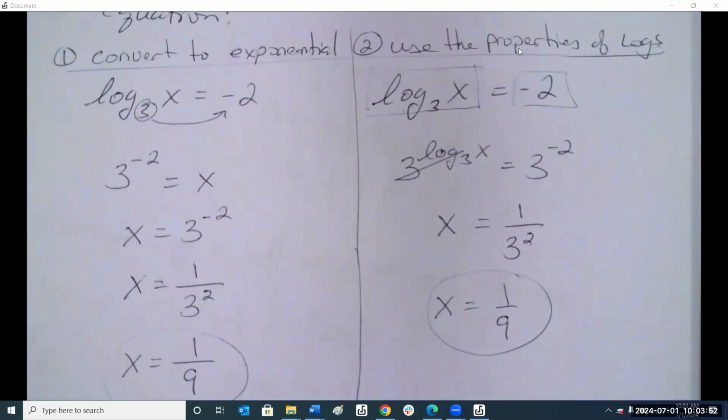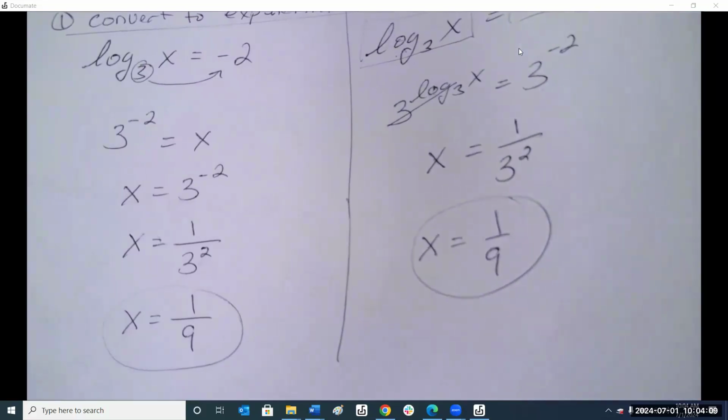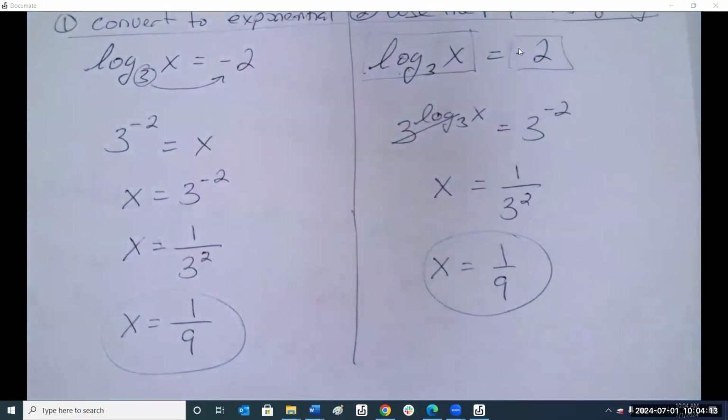So it doesn't matter which way you use, you always get the same answer. Right. Let's look at example 7.